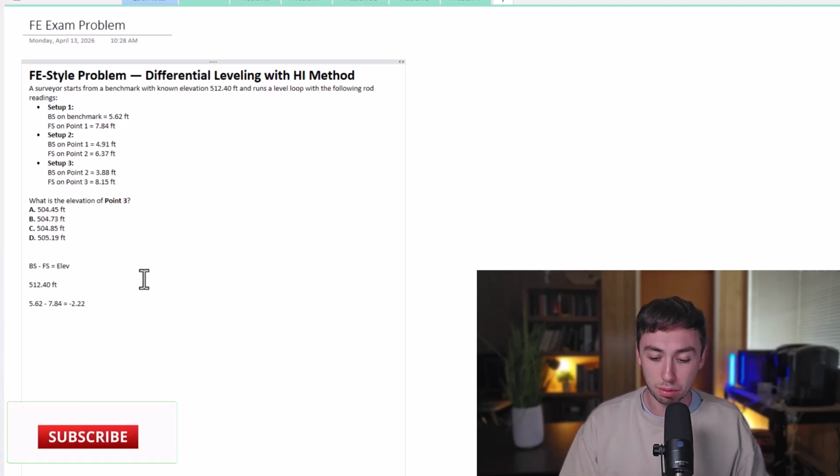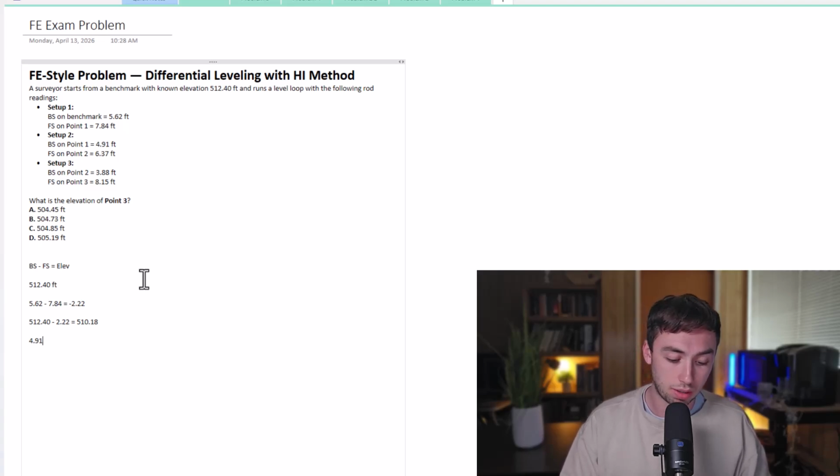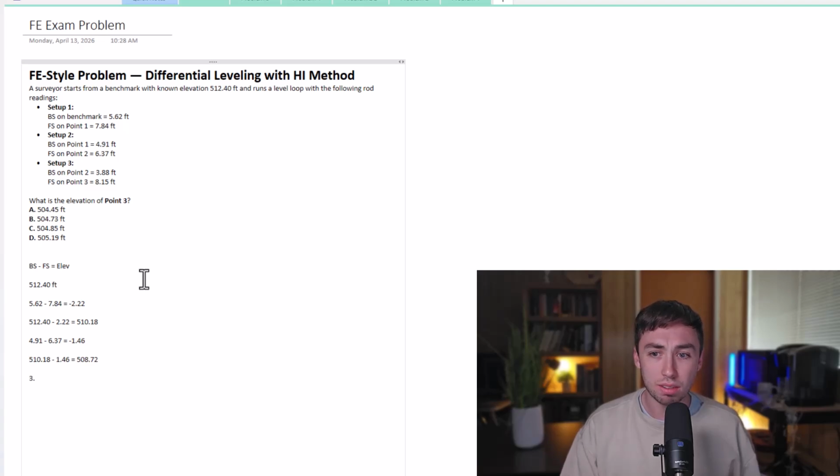We now go to setup 3, 3.88 minus 8.15 equals negative 4.27. So 508.72 minus 4.27 gives us a final result of 504.45. So that leaves us with the elevation of point 3 being answer A.